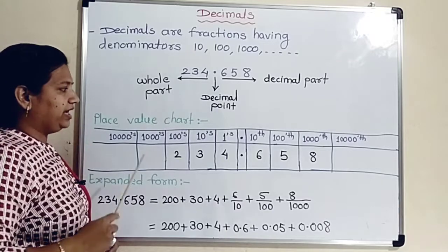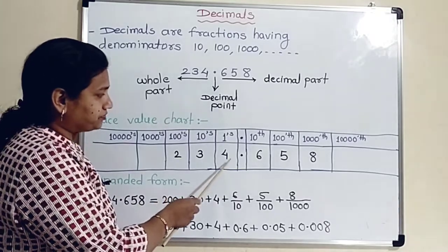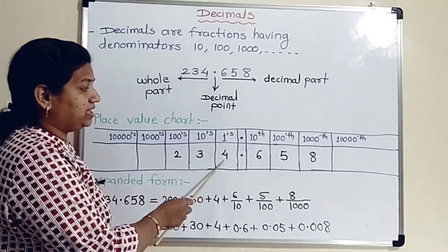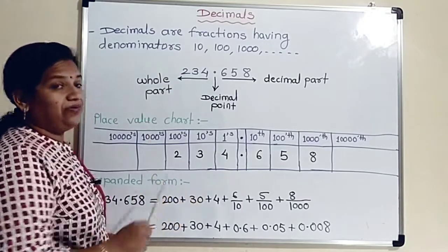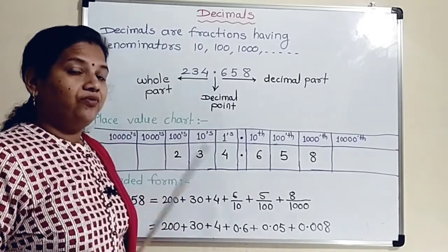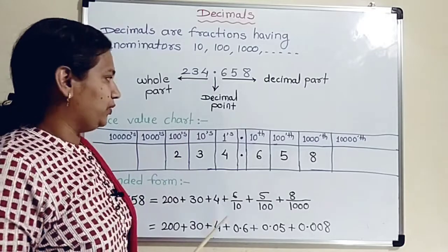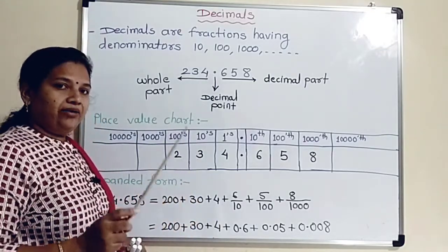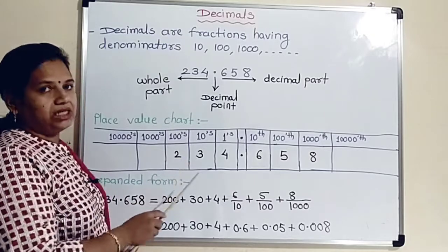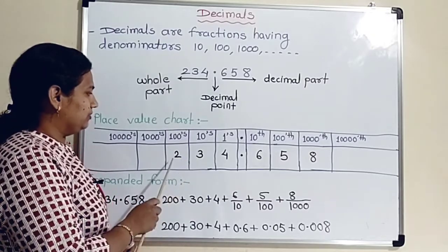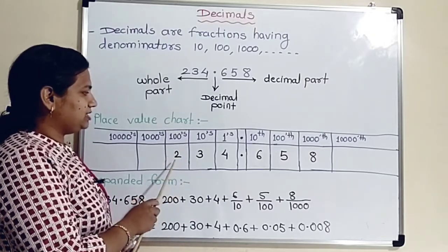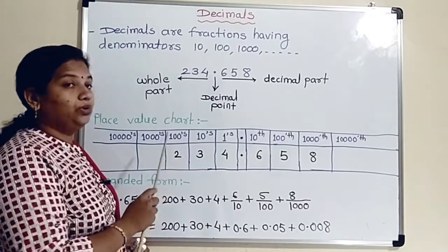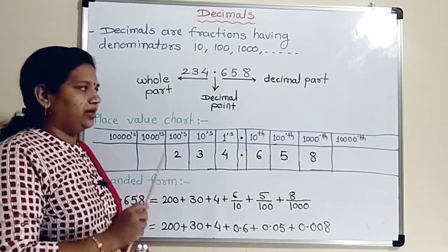It will carry on. So here in ones place there is 4. That means the place value of 4 is just 4 multiplied by 1, that is 4. The digit in tens place is 3. We all know that the place value is 3 into 10, that is 30. In hundreds place the digit is 2. So its place value is 200.